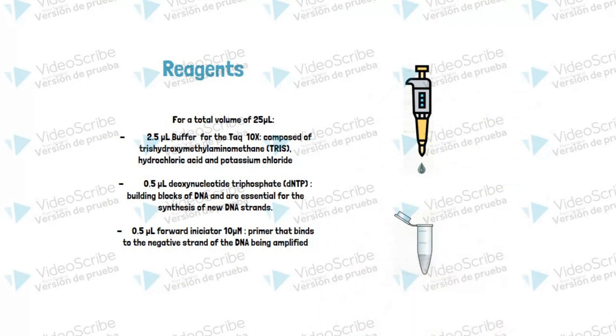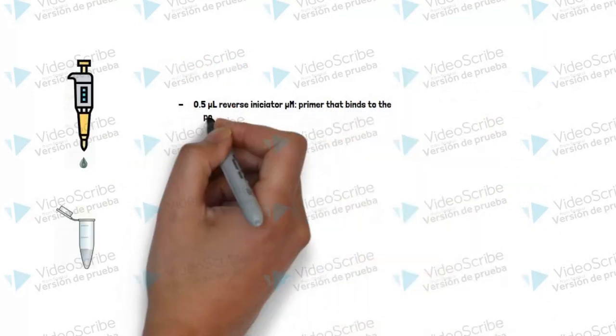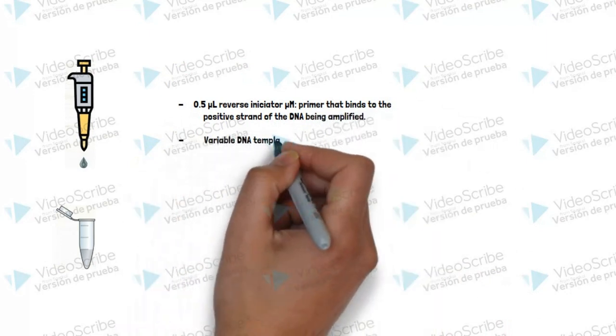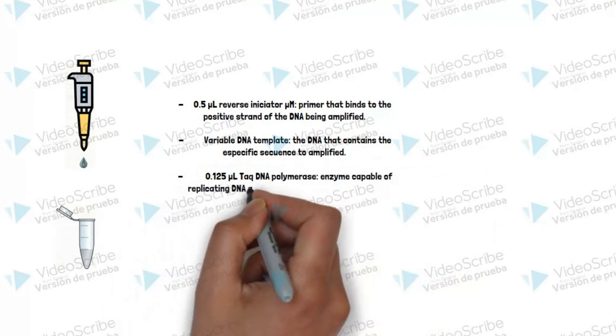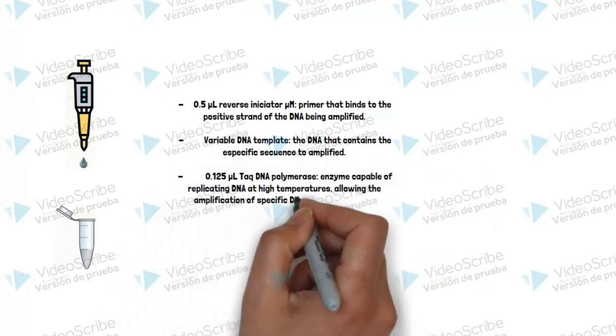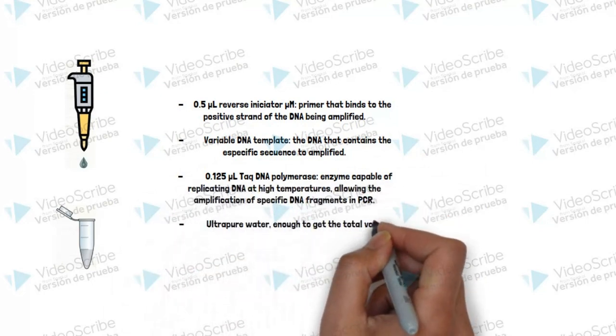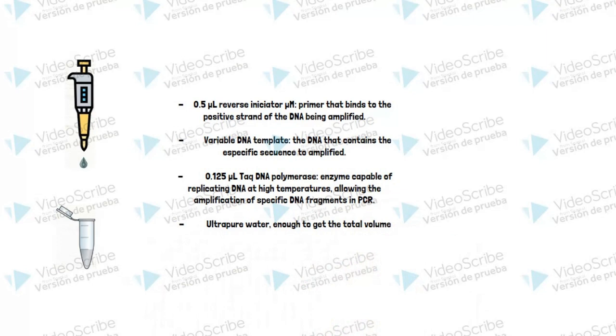Meanwhile, the reverse primer binds to the positive strand of the DNA that's being amplified. The DNA template is the DNA that contains the specific sequence we want to amplify. The Taq DNA polymerase is an enzyme capable of replicating DNA at high temperatures, allowing the amplification of specific DNA fragments in the PCR.